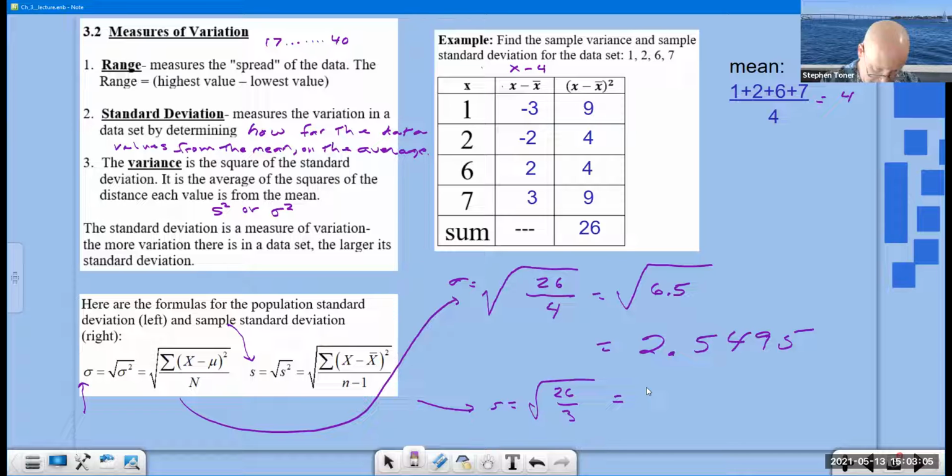And then I would have to take the square root of that answer. And it turns out the value is going to be, and I just did this quickly on my calculator, 2.9439. Notice how my sample standard deviation is larger than my population standard deviation. That will always be the case.